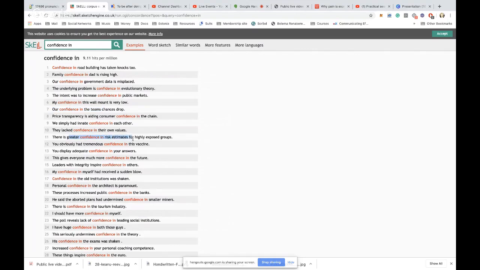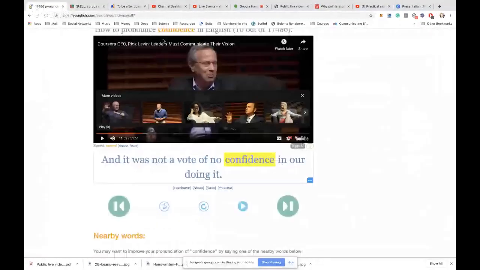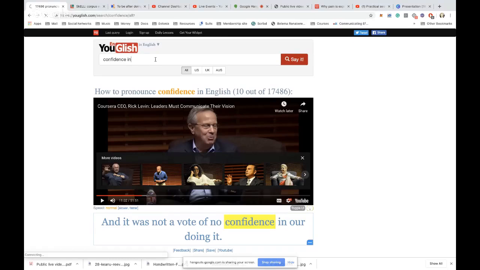So if you learn at least these 2, confidence in this vaccine, I have confidence in you, I have confidence in your answers, and some people have low confidence. So if you learn these 2 expressions, low confidence and confidence in something, and you simply confirm your findings, confidence in.